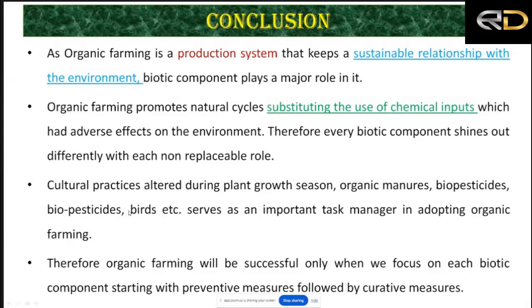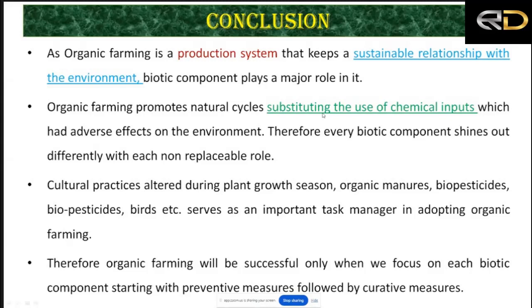If we have altered something somewhere, such as crop rotation, intercropping, cover crops, and many other things, then there is the application of organic manures and biofertilizers. These are the preventive measures we use to control problems and keep the system going. If nothing works later on, then curative measures like biopesticides and biocontrol agents play an important role when a sudden outbreak of pest and disease occurs.